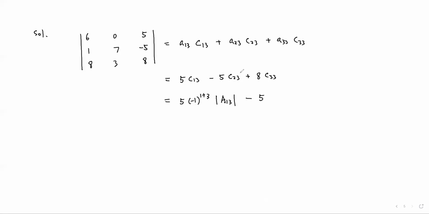Then -5 times C23, which is this number, determinant capital A23.